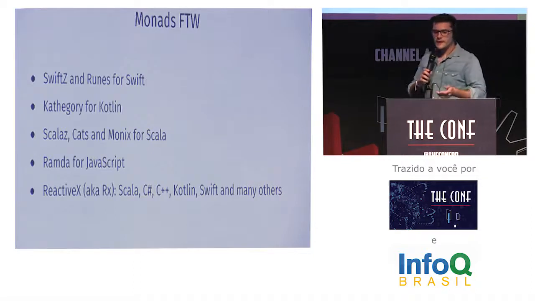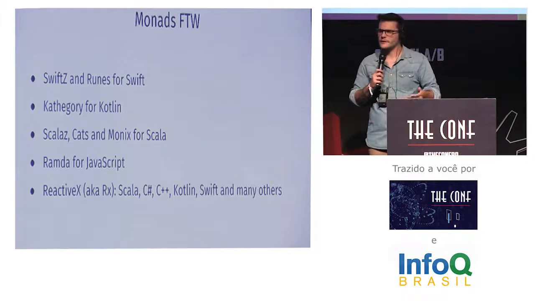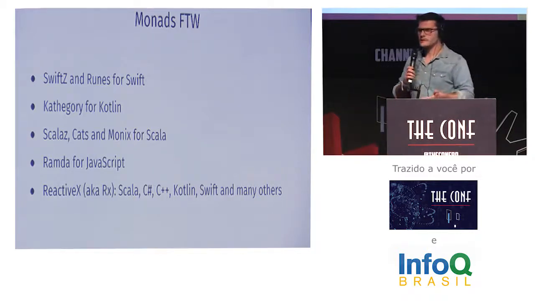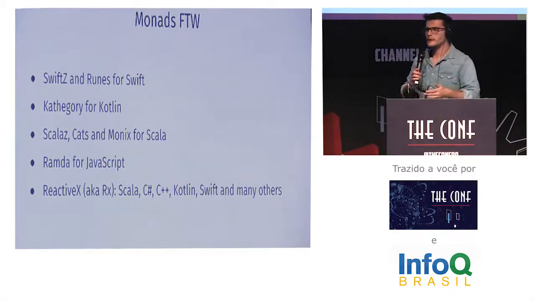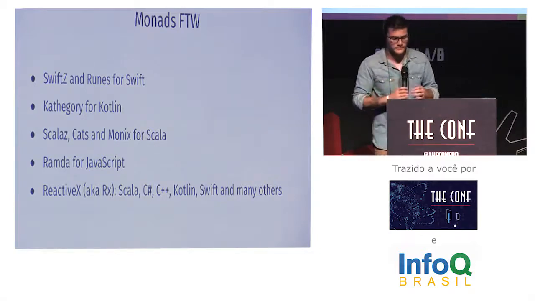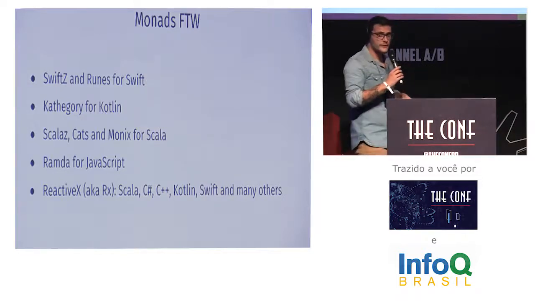So, even if your programming language doesn't have first-class support for functional programming, most of the monads are implemented like abstract classes, as I said before. And maybe, if you Google it, there is a library that implements these patterns for you, so you can work in a monadic way. Here we have a bunch of cool monad libraries.